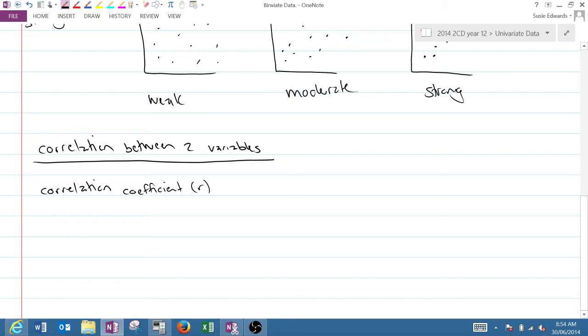Now the correlation coefficient is a number which tells us the strength of the relationship between the two variables.